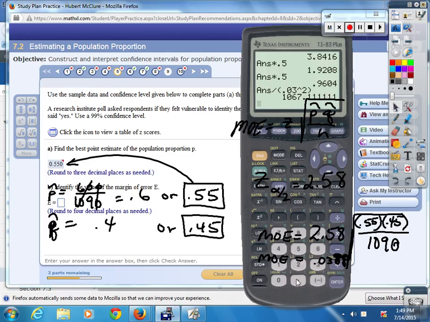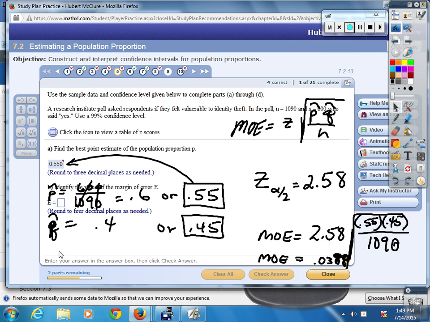All right, 0.55 times 0.45 and divide that by 1090 and raise that to the 0.5 power. I get that multiplied by 2.58. 0.0389. Y'all got that? So our margin of error is 3.9. Margin of error is 3.9.